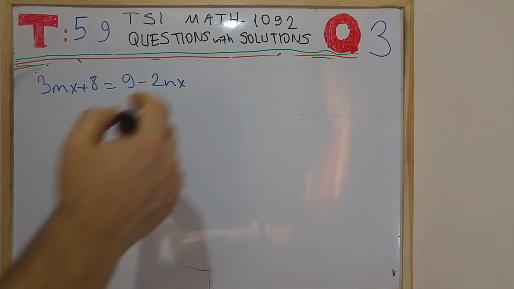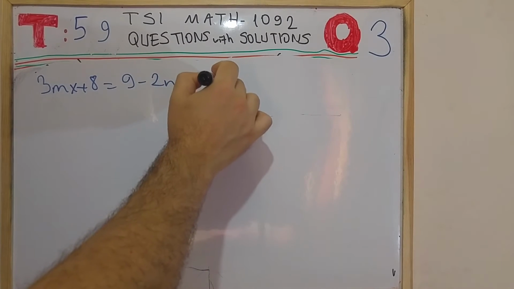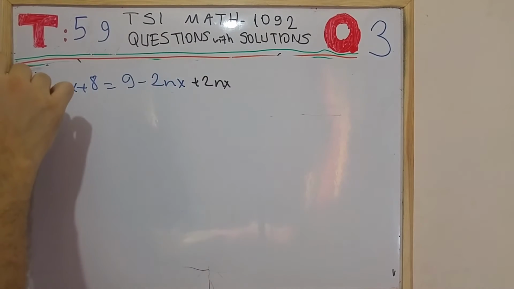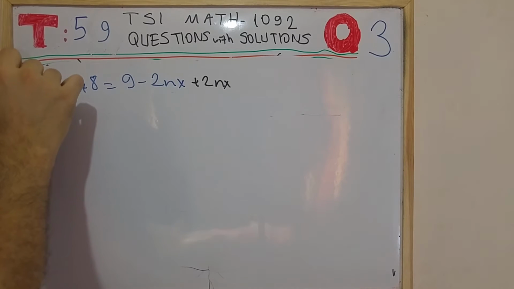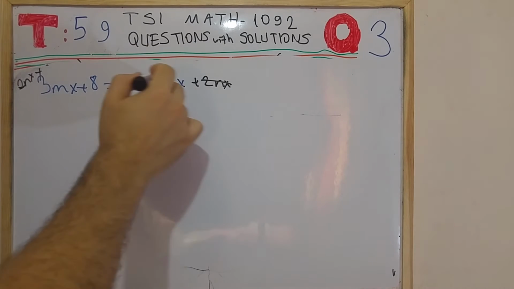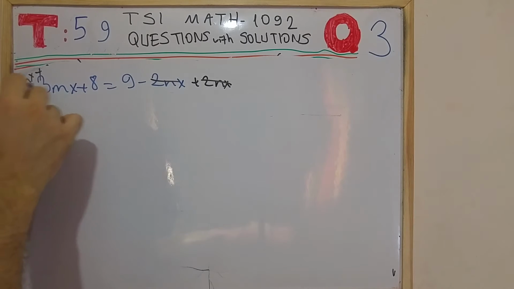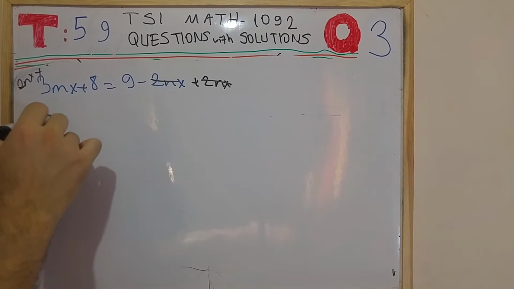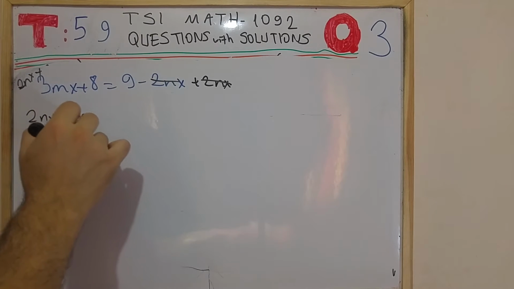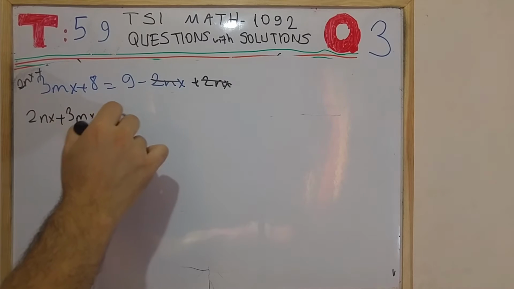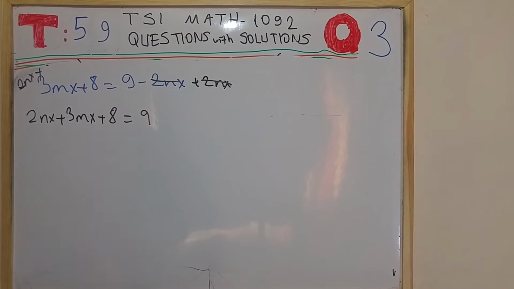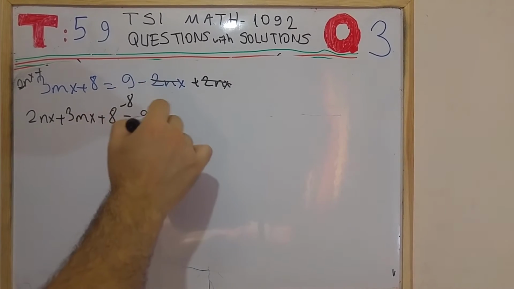Let's pick x's in one side, and to do that let's add 2nx to each side. So now these are gone. What I have here is 2nx plus 3mx plus 8 is equal to 9. Now let's subtract 8 from each side.